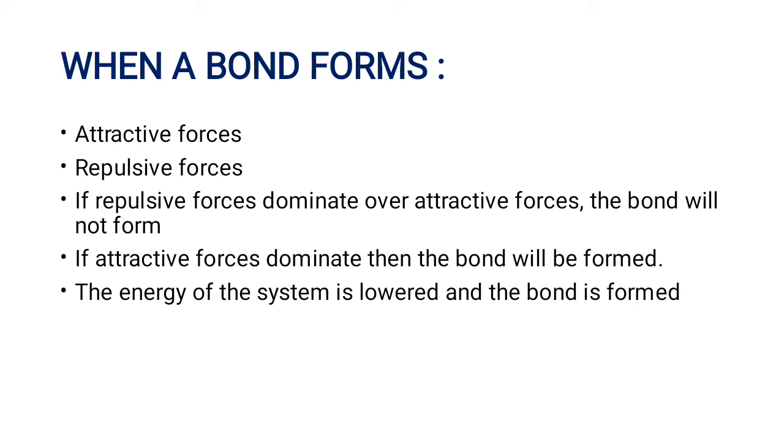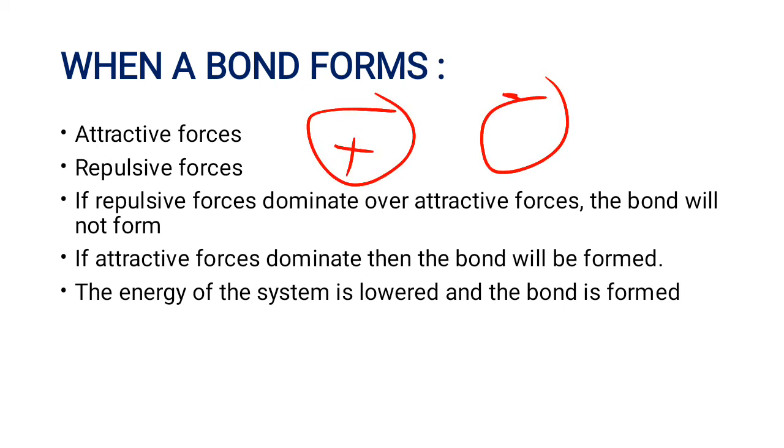So this attractive force gets the atoms closer. Like if two atoms are approaching, they are coming closer for the bond formation, and the positive nucleus of one atom is attracting the electronic cloud of the other atom. The atom tries to come closer.